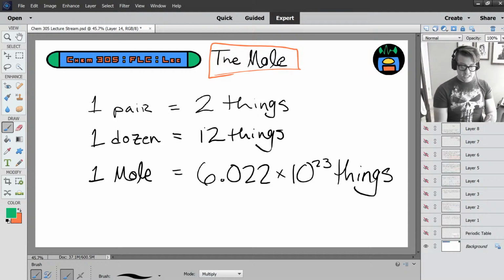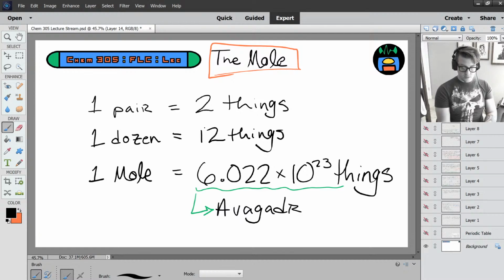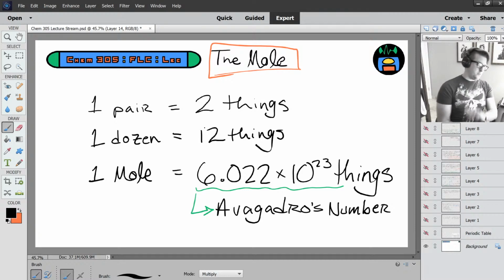This number of things has a special name. It is called Avogadro's number.